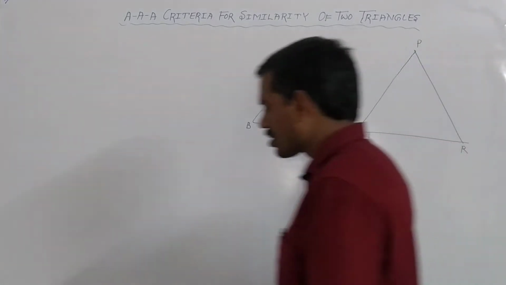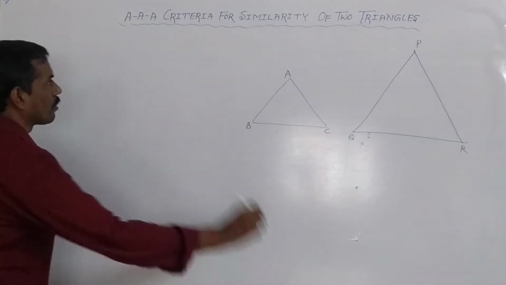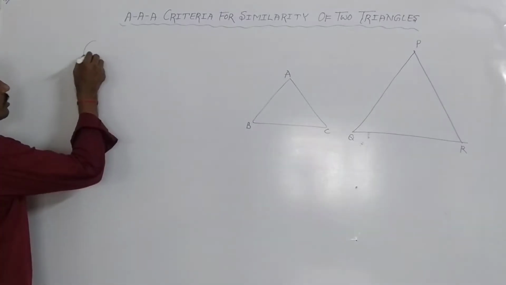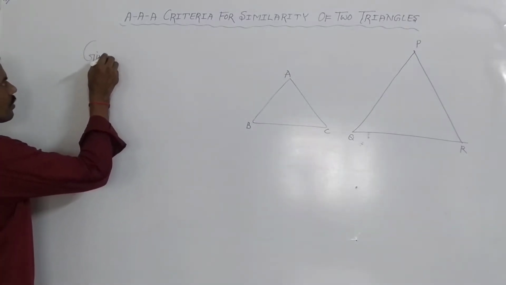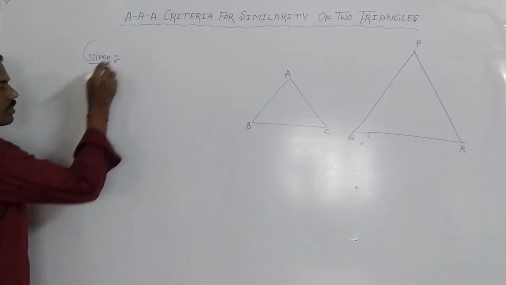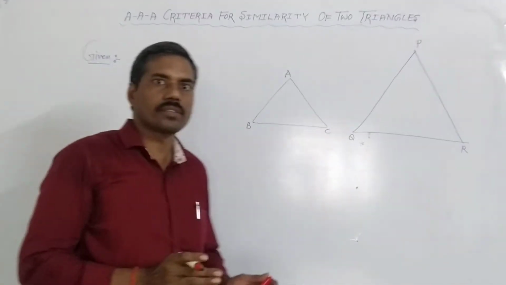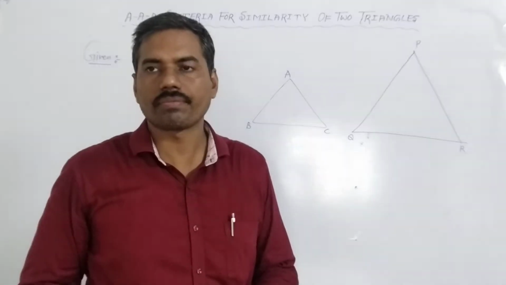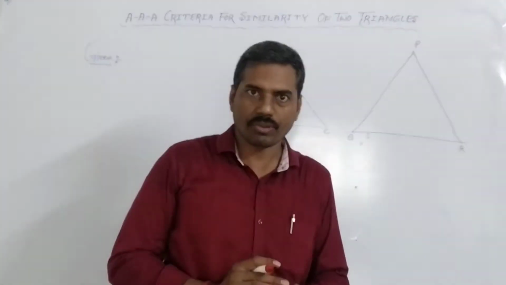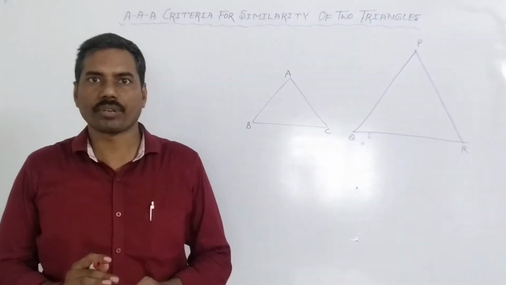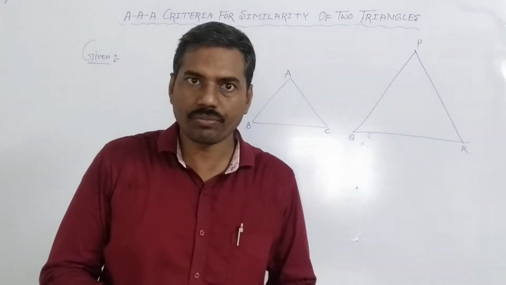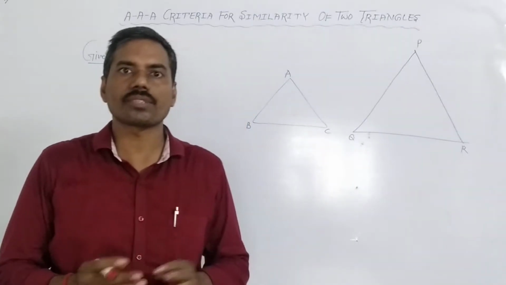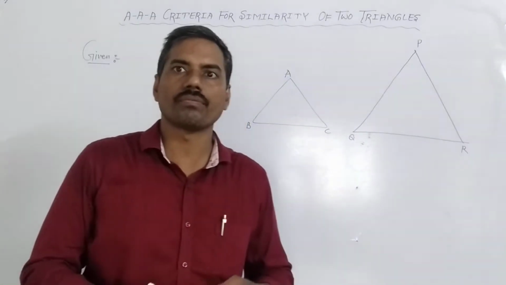Now we can write the first point, which is given. In geometry, we have to write all points step by step. The first point is given, the second point is to prove, the third point is construction, and the fourth is proof.